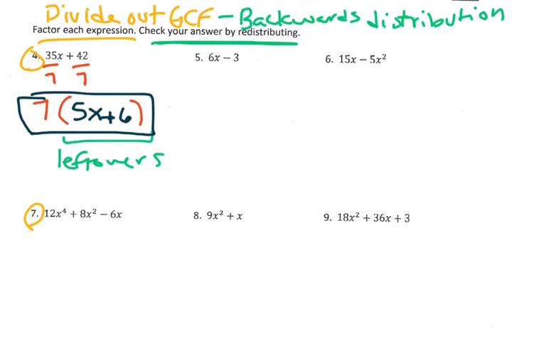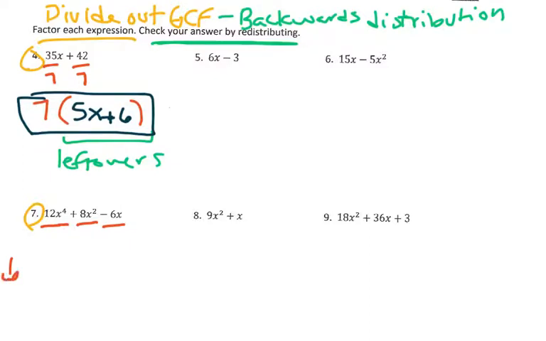Alright, our next example here is a trinomial, so we've got 3 pieces sitting here. Same thing as having 2 pieces, you're just going to look for what's alike in both of them. So we're looking at the numbers 12, 8, and -6. The easiest thing would be to take the smallest number and find its factors.